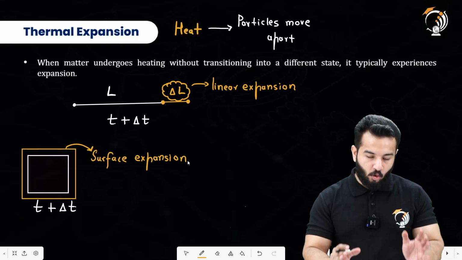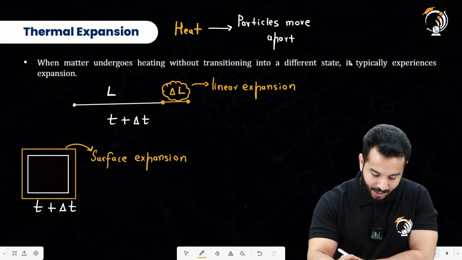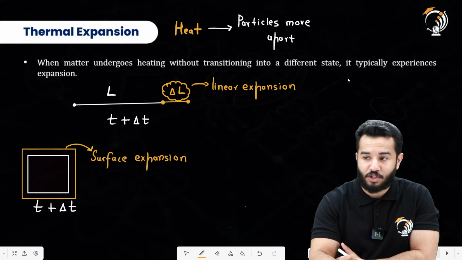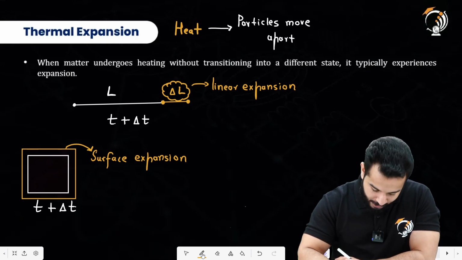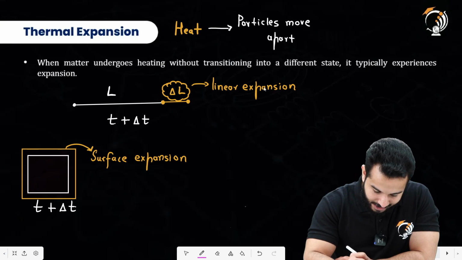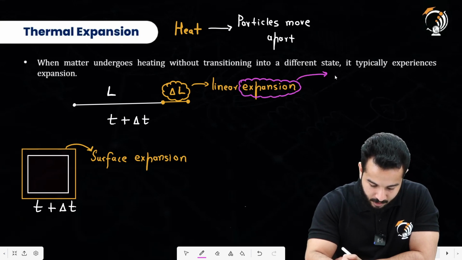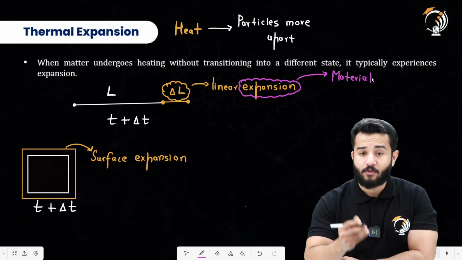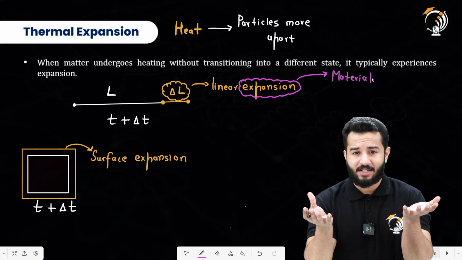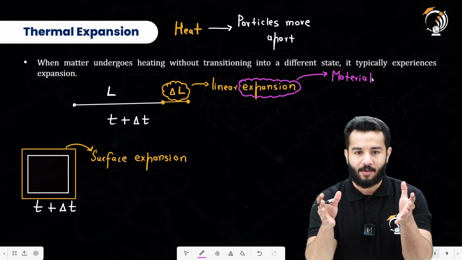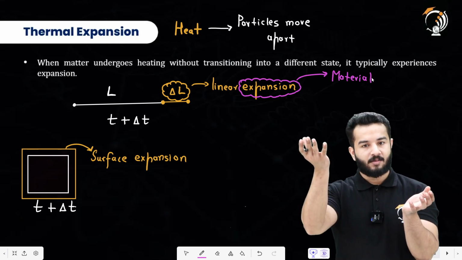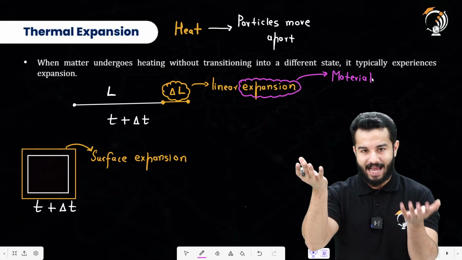Now we need to note a few things over here. These types of expansion, whether linear, areal or volumetric, directly depend on the change in temperature. They also depend upon the material of the body. So let's suppose I have two bodies and I have placed them in the same environment and increased their temperature by the same amount, but one expands to a greater extent than the other.